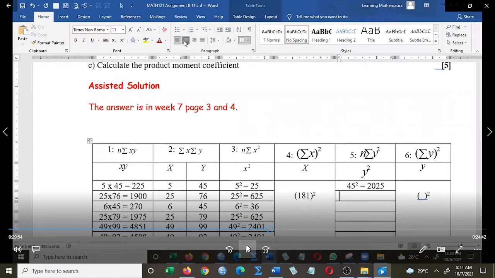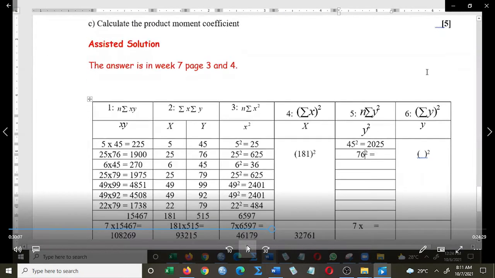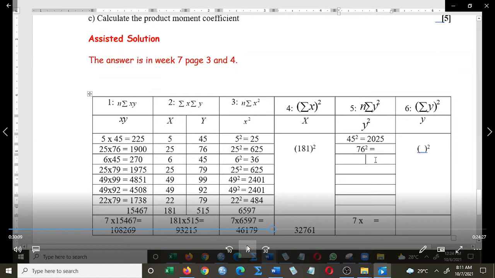You can be writing and actually doing it. The next one is 76. And the next one is 45. We have 45 already. Then we have 79.